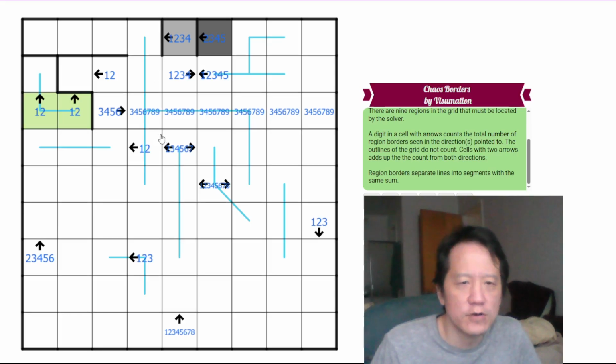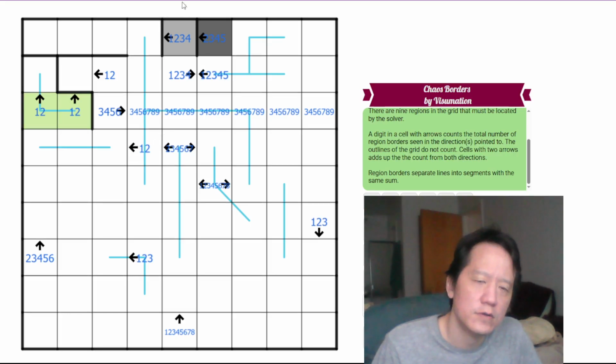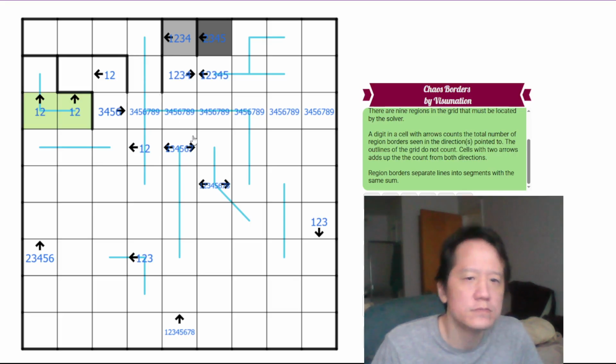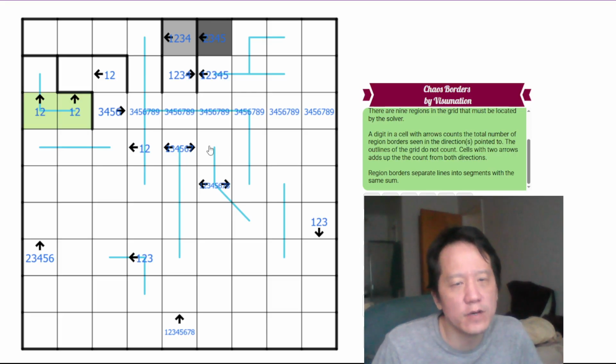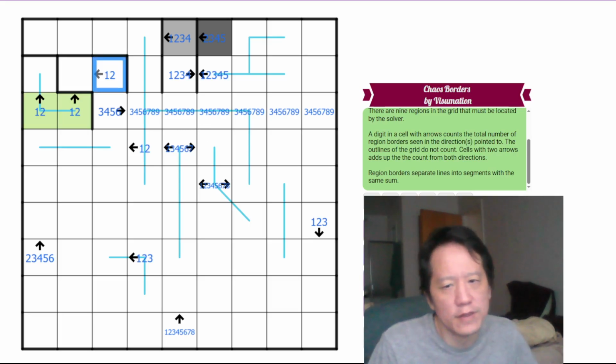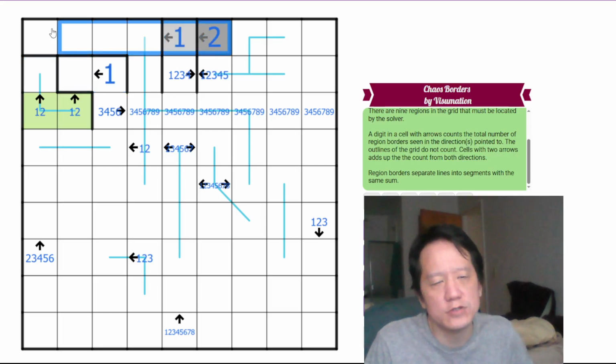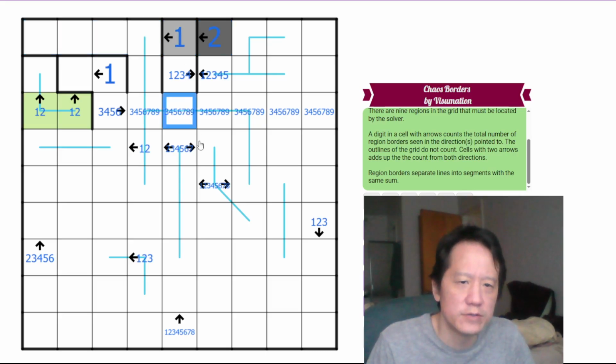This would have to go here then. So this would have to go out this way. That would go that way if that's the case. This would be 1 then. That would see 1 boundary. This would be 1. This would be 2 because it would see 1 and 2 boundaries.